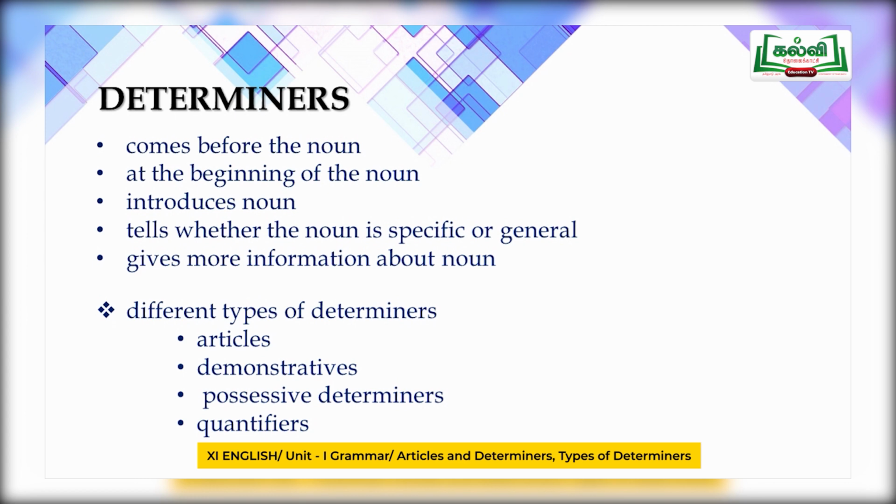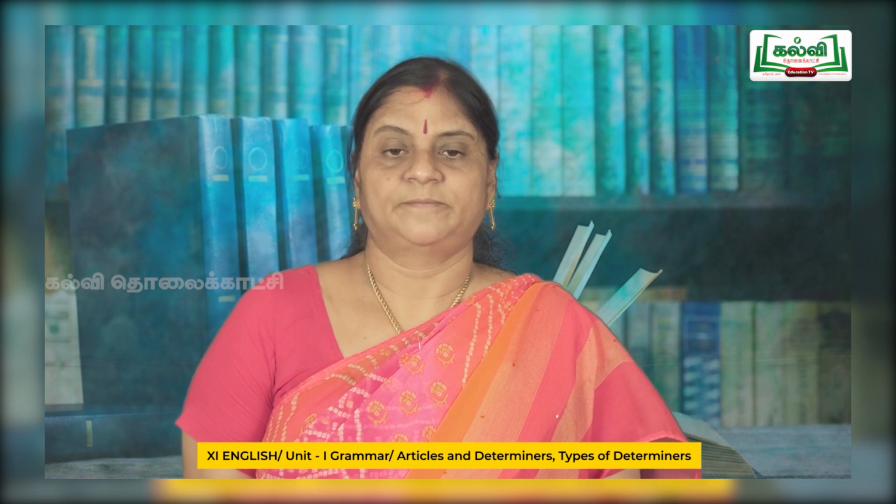This determiner these gives more information about the noun. What is that more information? These, those: these is here, those is somewhere in the distance. So these is the determiner that gives more information about the noun flowers.